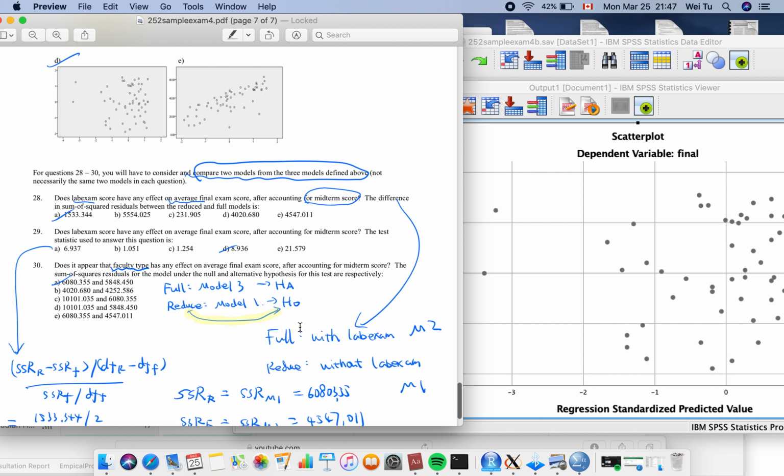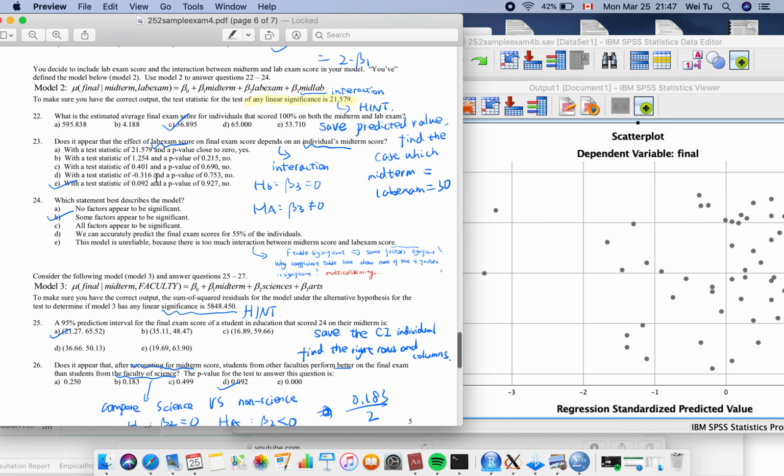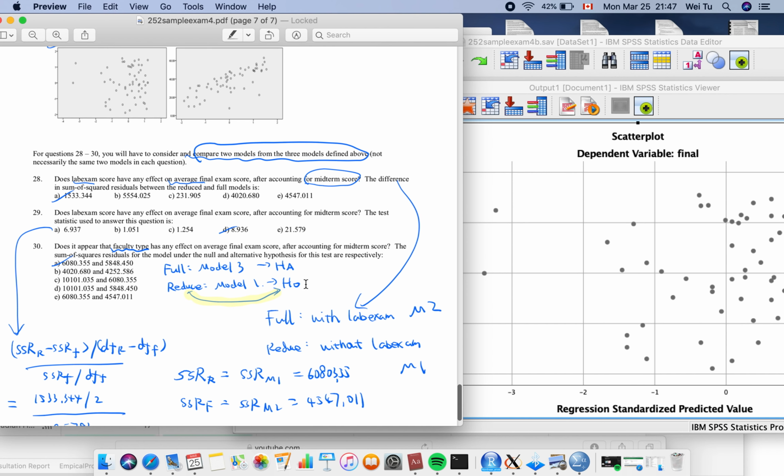The full model should consider both the testing variable and the accounting variable, so midterm score and lab exam, that's model 2. And the reduced model removes the variable you want to test. So we remove the lab exam, which only includes midterm. That's model 1, because model 1 only considered the midterm as a predictor.